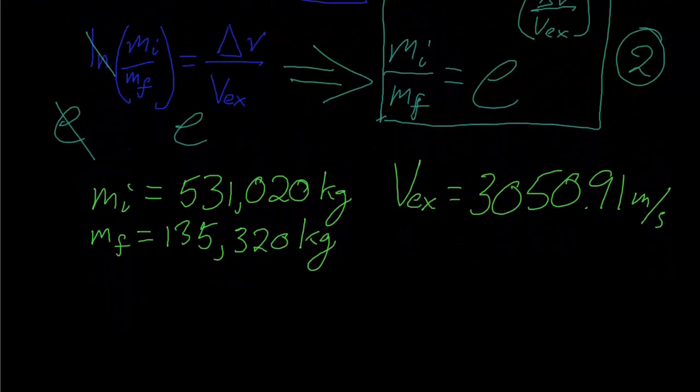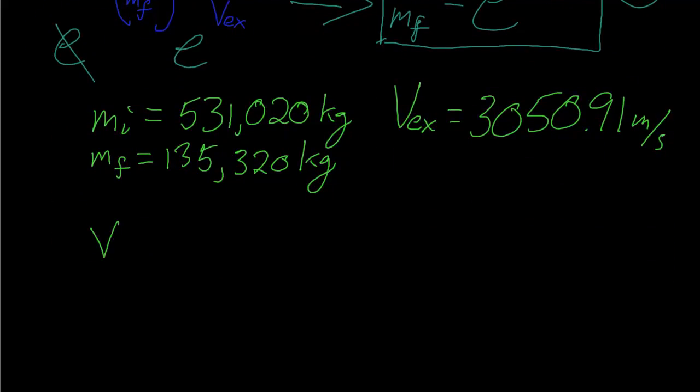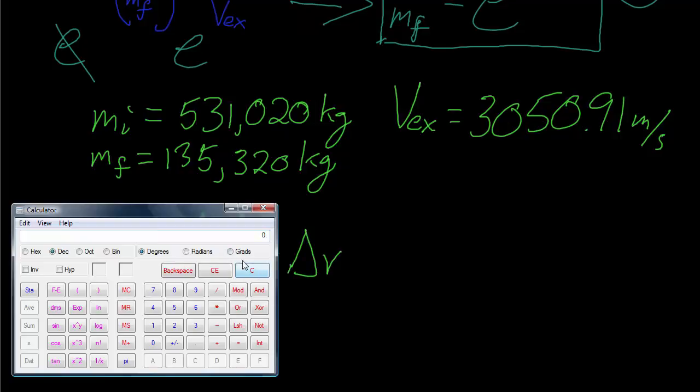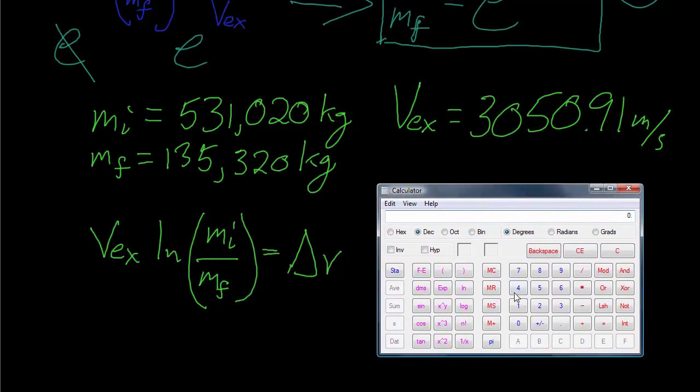The way we do that, we write our exhaust velocity multiplied by the natural log of our initial mass divided by our final mass, being equal to our change in velocity. So let's get our calculator out and plug these numbers in. Our initial mass was 531,020 kilograms divided by our final mass, which is 135,320 kilograms, which gives us 3.924.